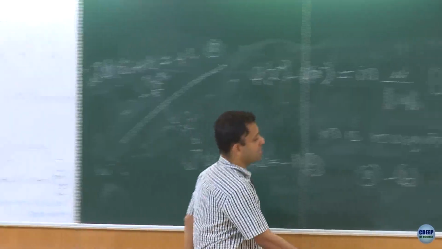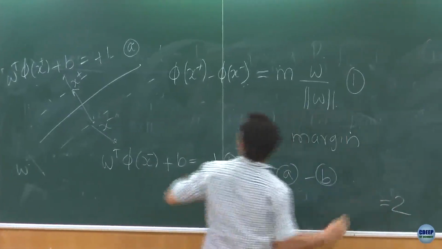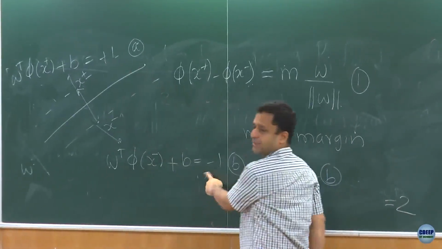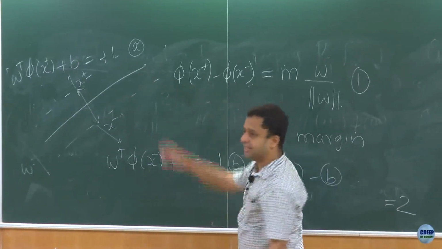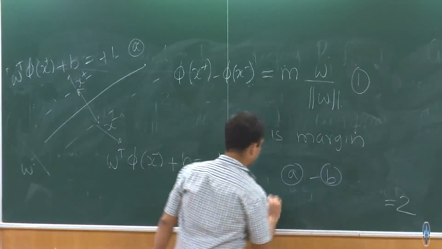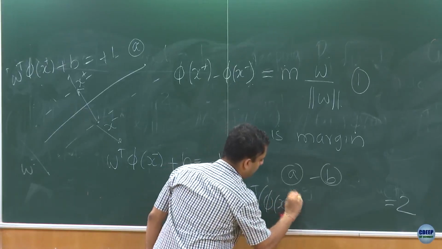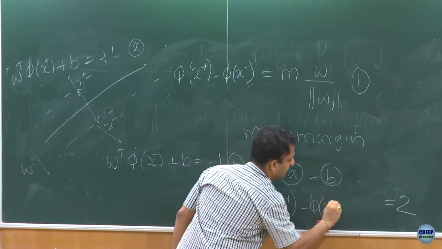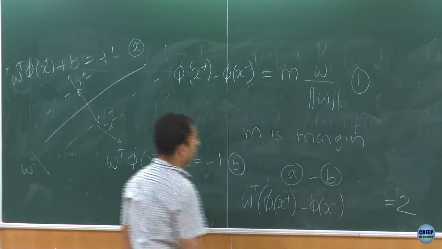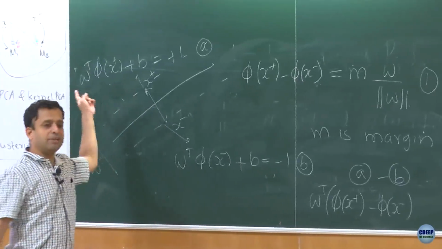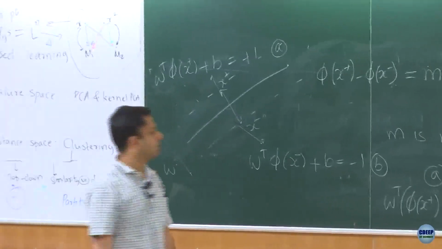The right hand side will be 2, plus 1 minus minus 1. The left hand side will be W transpose times phi x plus minus phi x minus. B will cancel out.